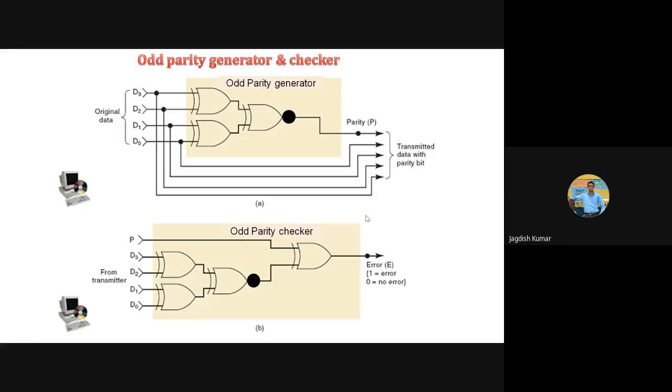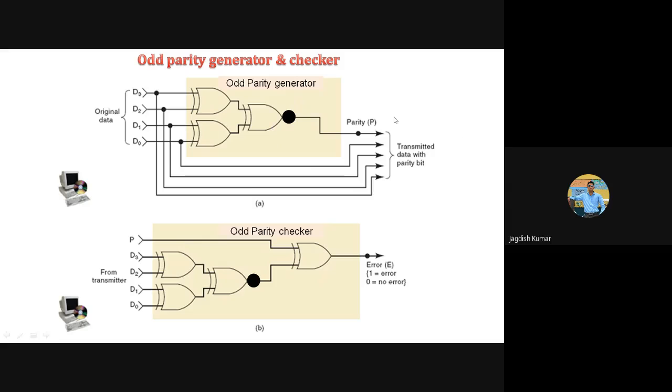So if we have to go to odd parity generator and checker, the same circuit, if it is deployed with the help of a NOT gate, then that will become an odd parity generator. The operation is also straightforward. I'm sure you can understand what I mean by putting up a NOT gate here, so that in this case this bit will accordingly be reversed.